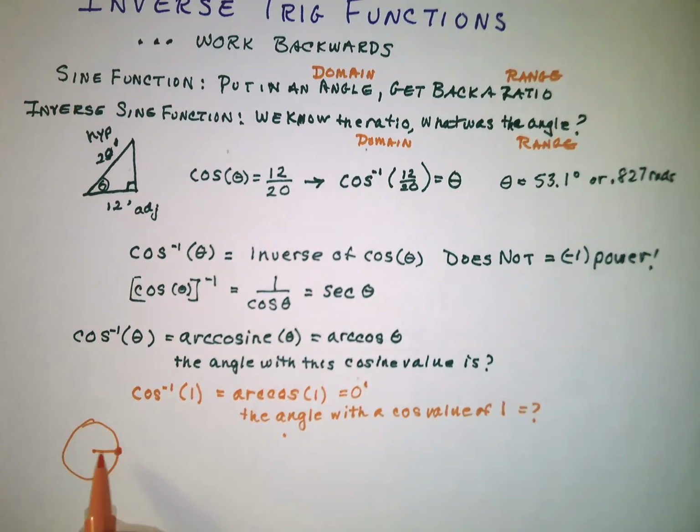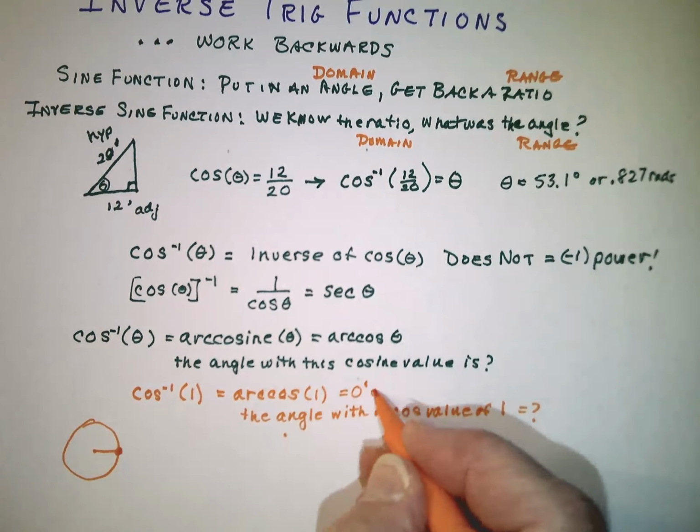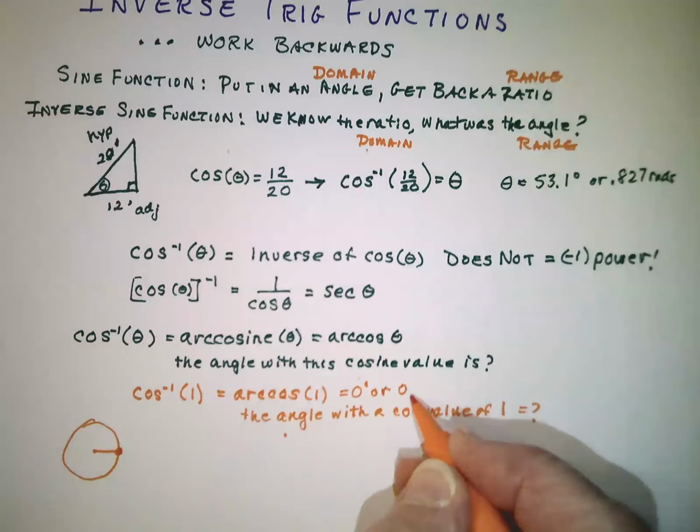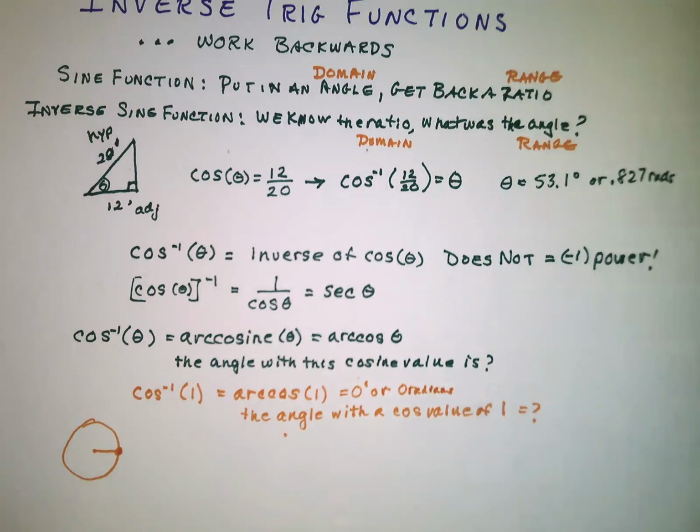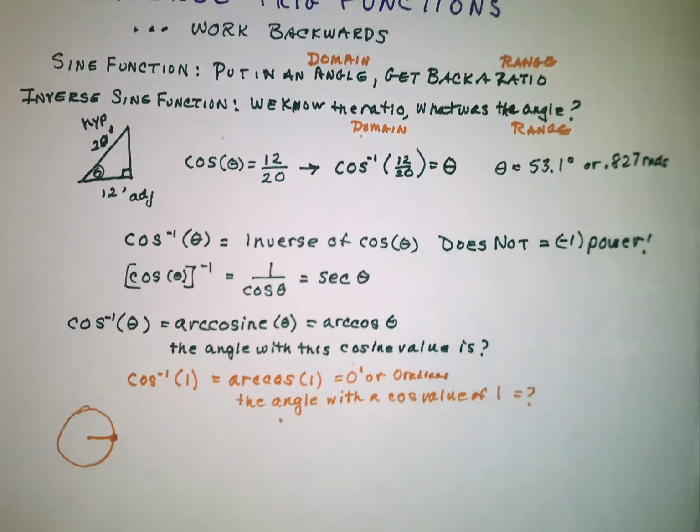The x-coordinate is the same as the radius. That happens at 0 degrees. Or, can't forget, 0 radians. Or 360 degrees, or 2 pi radians, or 720 degrees. There are going to be multiple angles with this cosine value. And we will deal with that in one of the later videos.